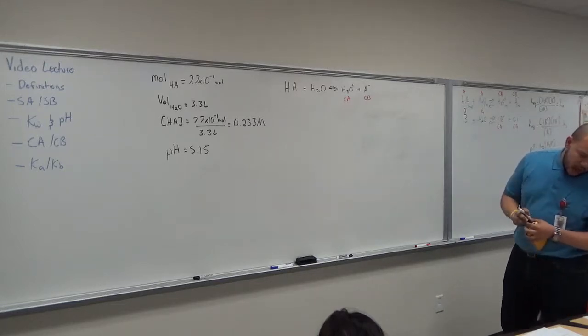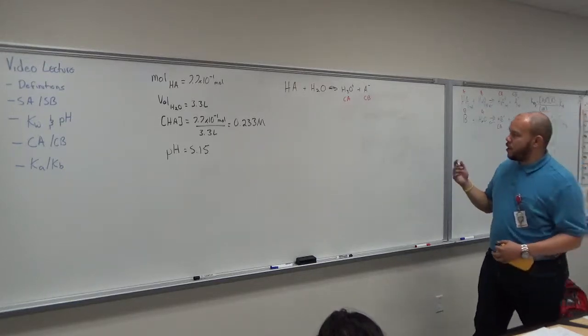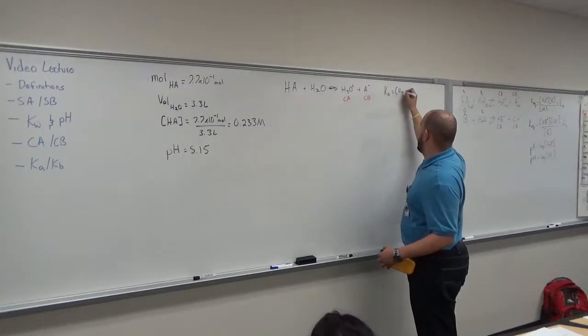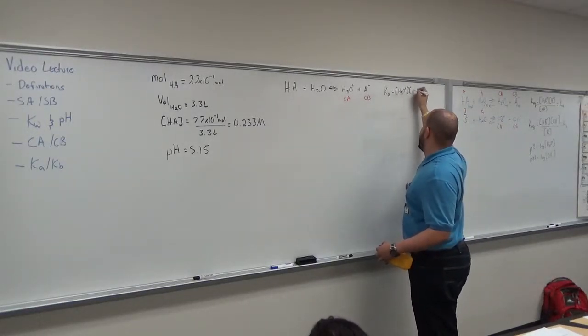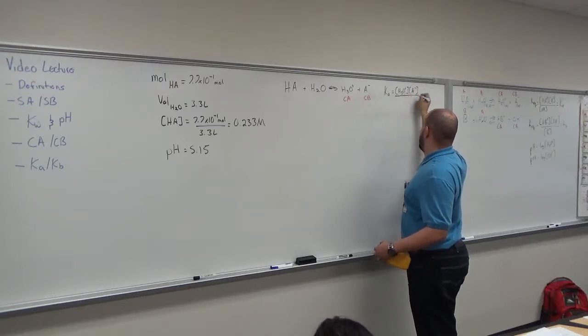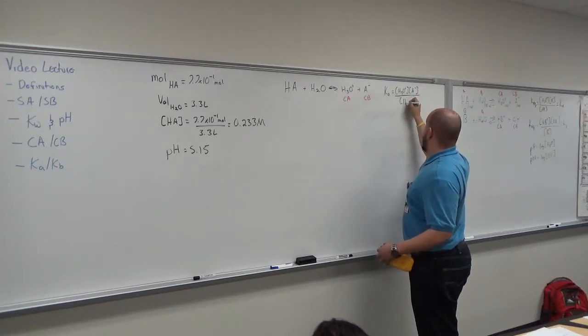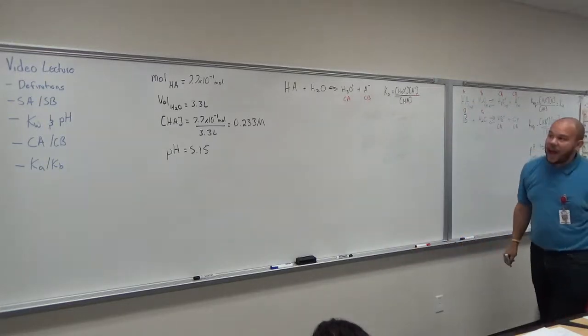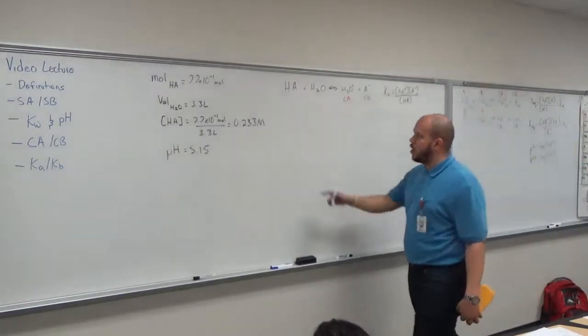All right? Equilibrium expression for this, again, is the generic Ka is equal to H3O plus times A minus all over HA. And the ice table. So I'm going to do the ice table here.